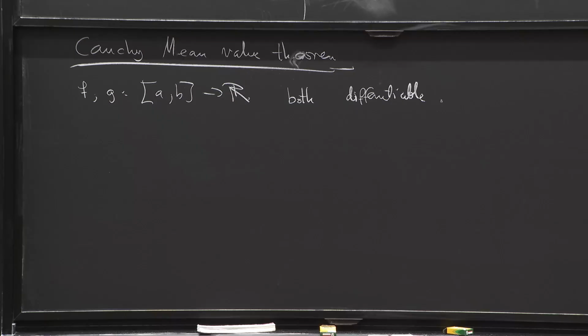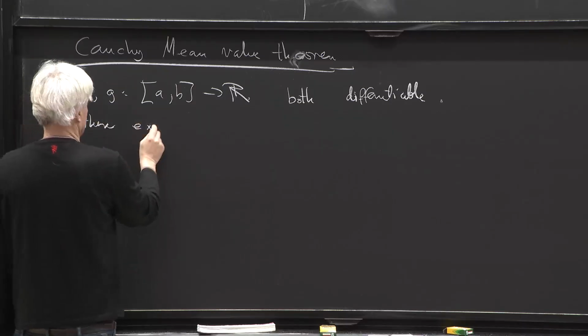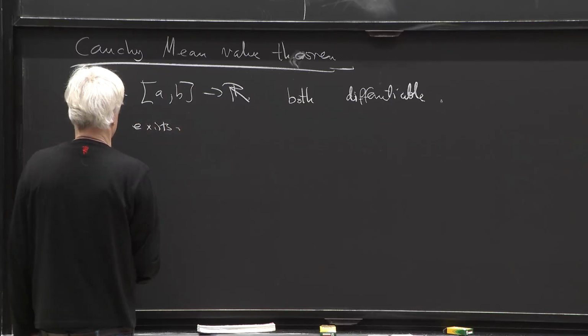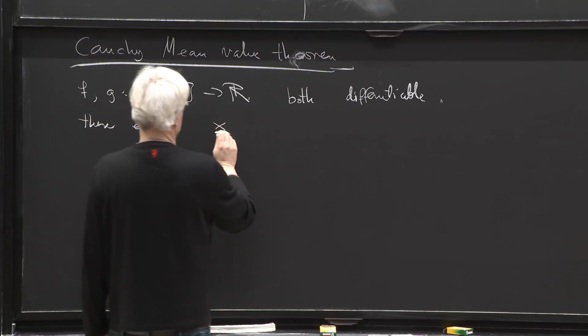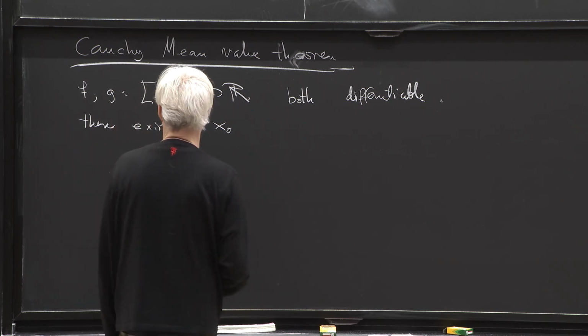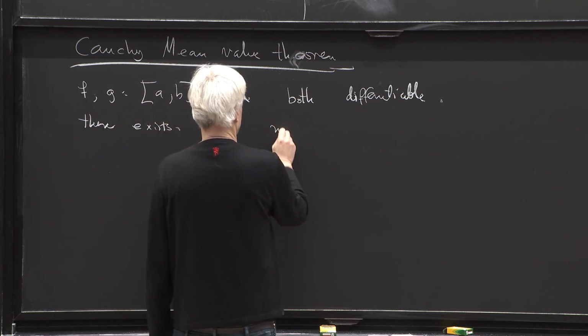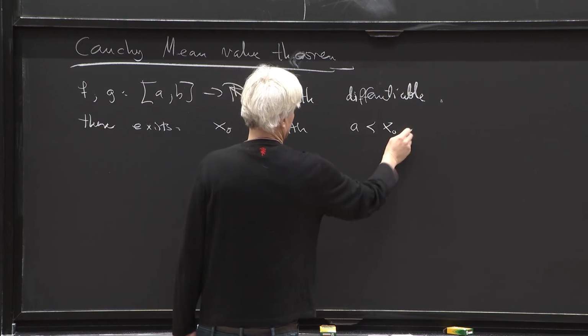Then the claim is that there exists x, let's call it x0. Maybe I should have called it x0 up there, it's just one. There exists x0 with x0 strictly between a and b.